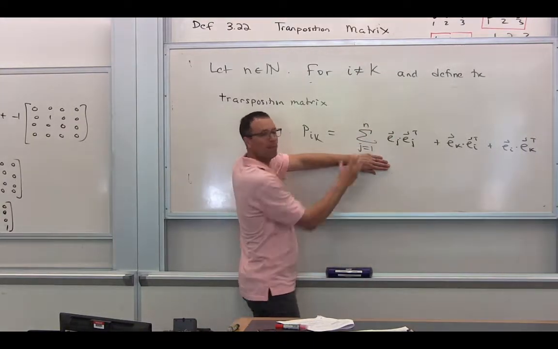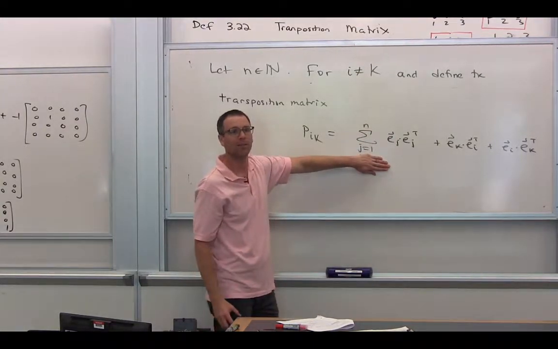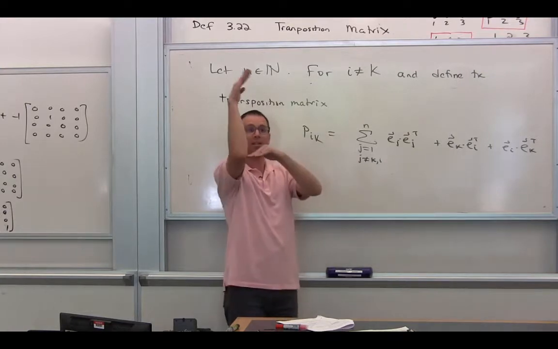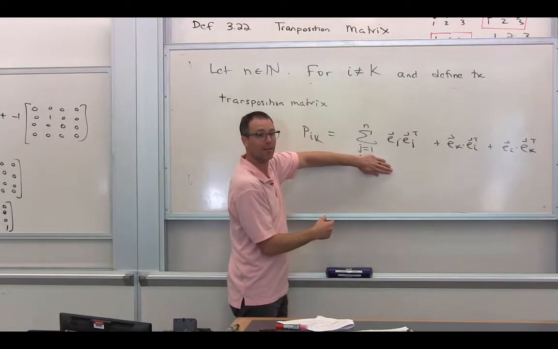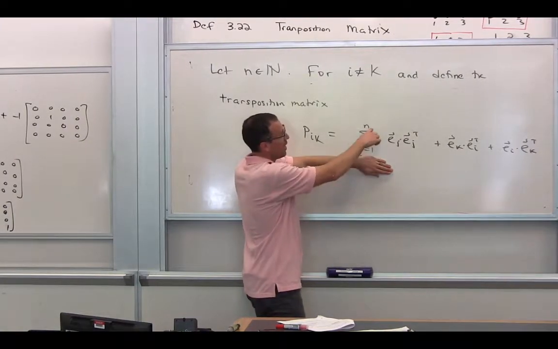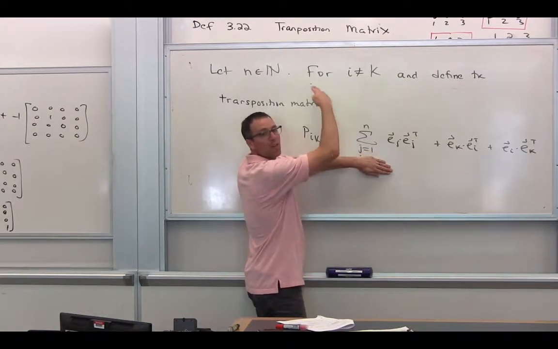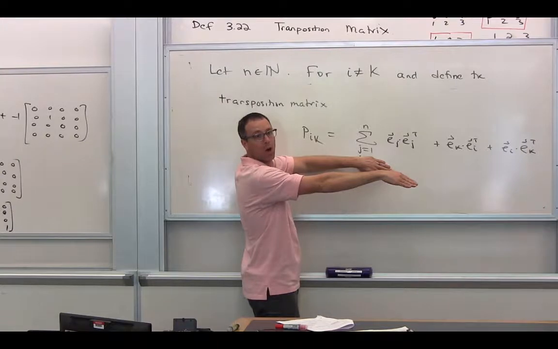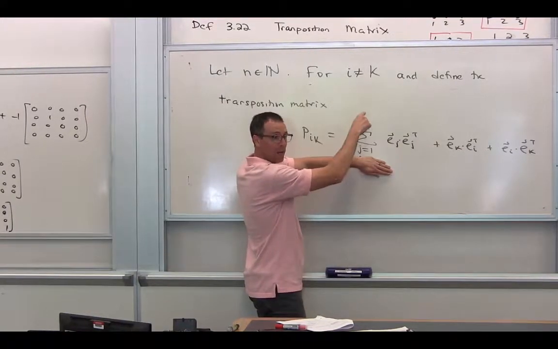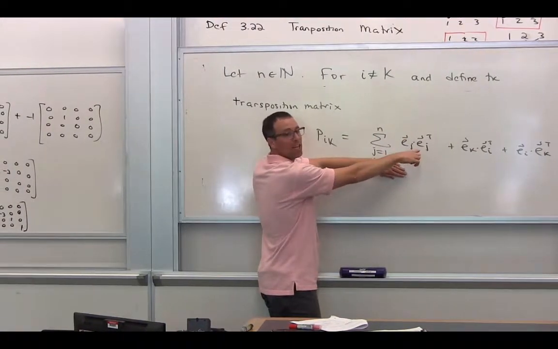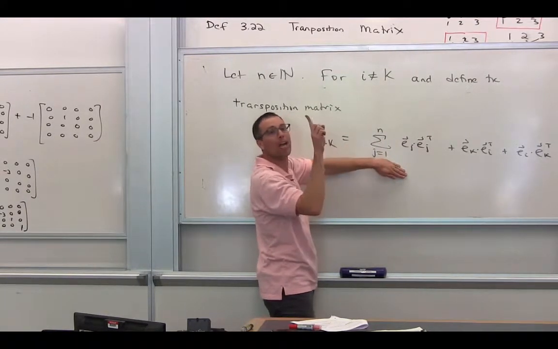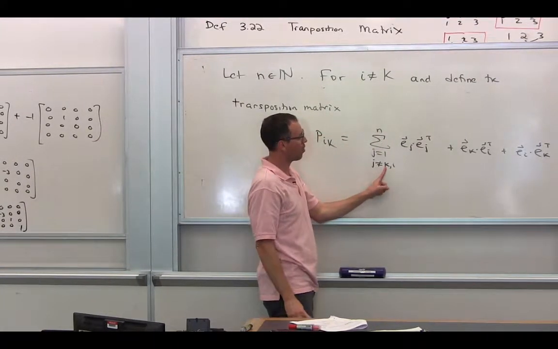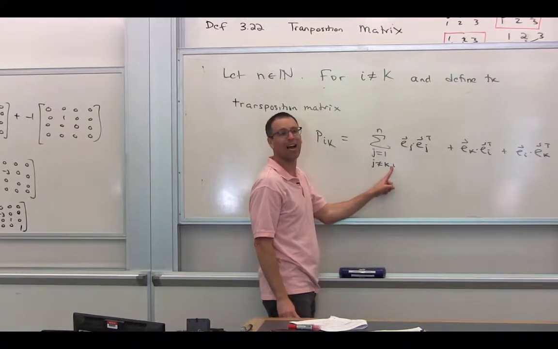What is this sum? It's the identity matrix, right? If I was allowed to go from j equals 1 to n, and I have the matrix units where the diagonal entries all have 1s, everything else is 0, that would be the identity matrix. But then I say to myself, by the way, rows k and i are going to be all 0.